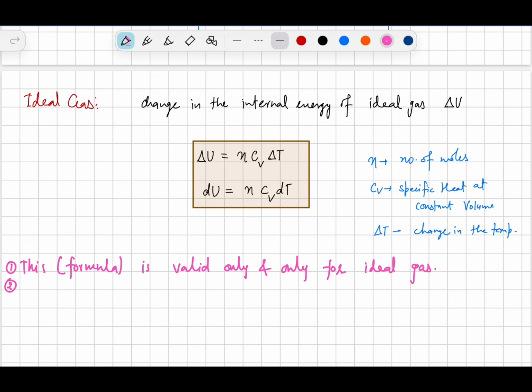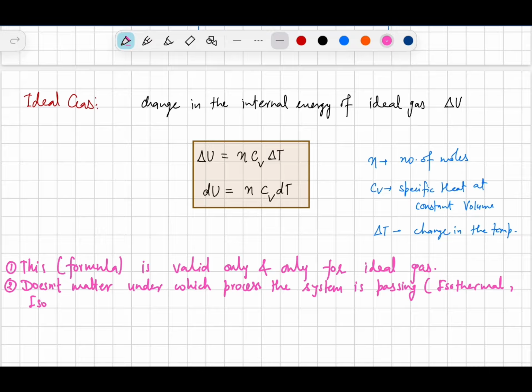Second thing, it doesn't matter under which process the system is going, I mean isothermal, isochoric, isobaric, adiabatic, anything.